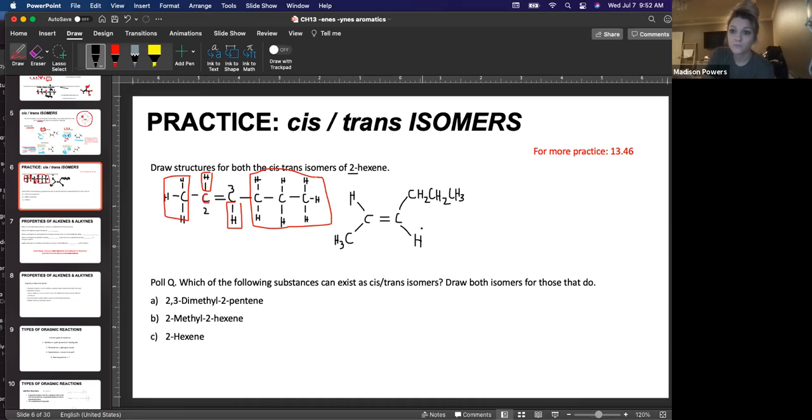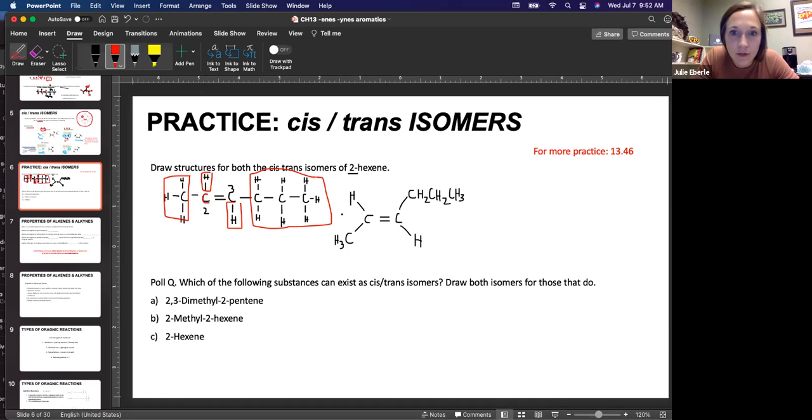Trans, because one of these carbon substituents is pointing down, and one is pointing up. They're on opposite sides of my double bond. See that? The hydrogens, I'm not going to say they don't matter, but they're not the ones that tell us if it's cis or trans. It's the carbon branch points that we care about. So this is trans.